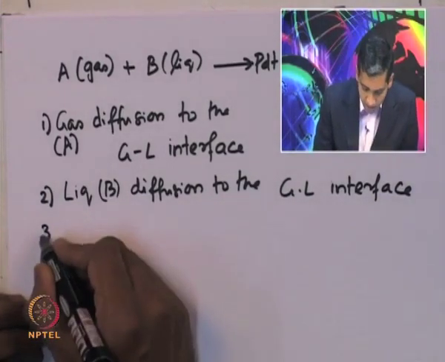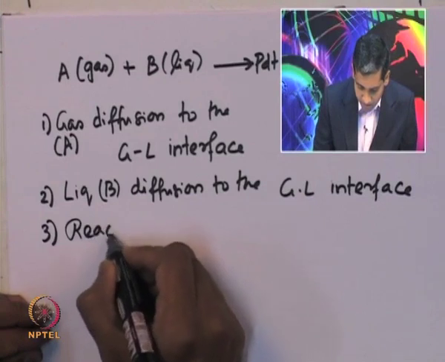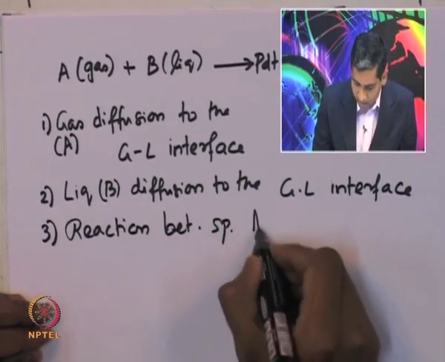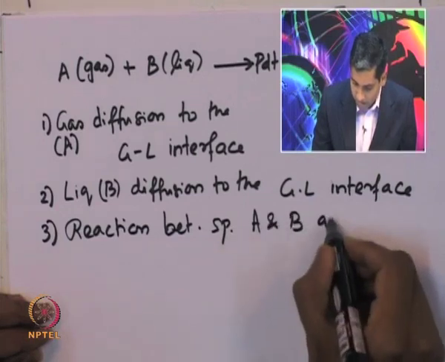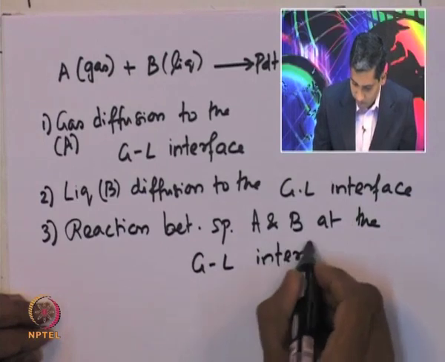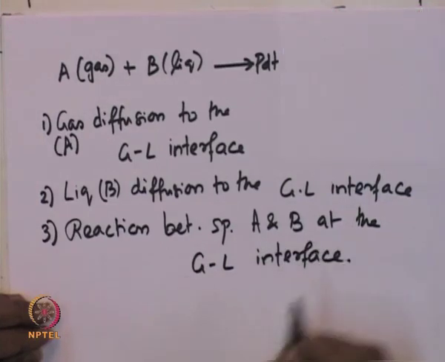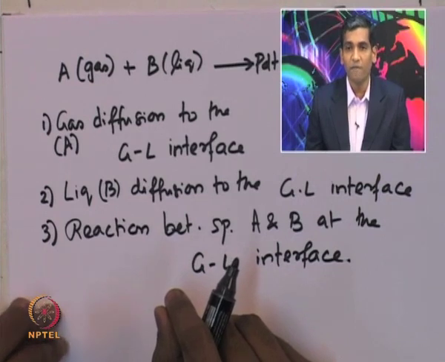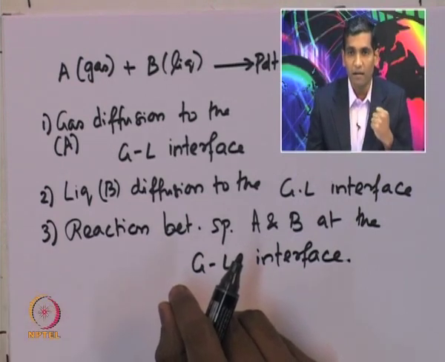Therefore, the third step is the reaction between species A and species B at the gas liquid interface. It has been assumed that the reaction occurs at the interface. However, the reaction need not be confined to the interface, as were the cases that were covered in lecture 26. So, these are the three processes which are occurring in order for the reaction to occur.